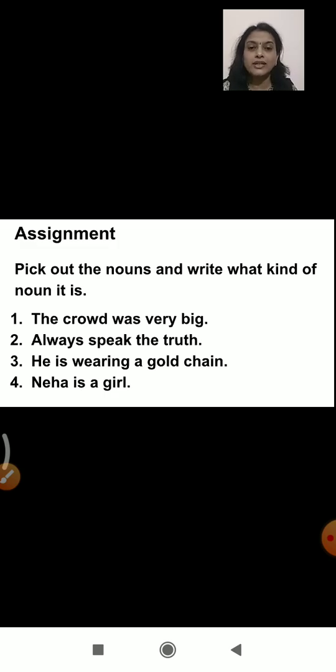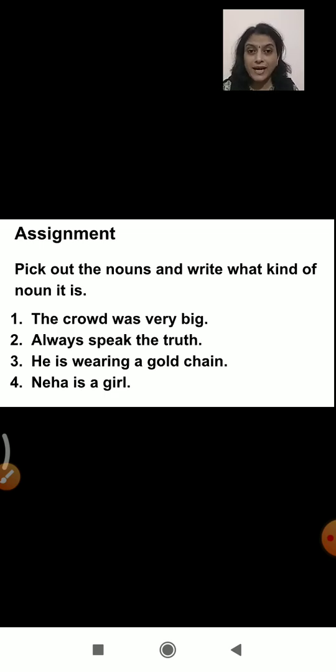For example, it says pick out the nouns and write what kind of noun it is. Now you are so sure about the answer that you just write the nouns and totally forget the rest. Then over, nothing, you will get only half marks. So just read the question properly.